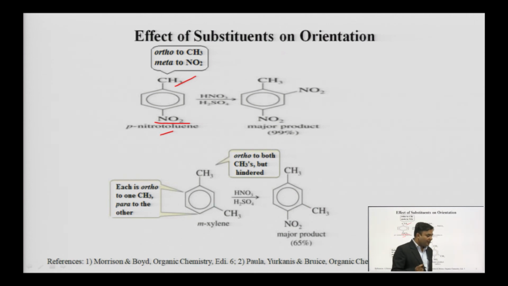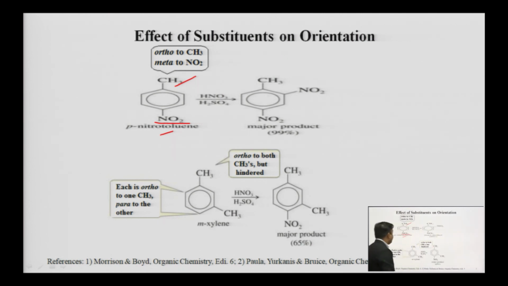Total electron density on the benzene ring will improve, and we know that the electron cloud on the benzene ring is a motivational force for the electrophile attack. So, as the electron density of the benzene ring increases, the coming electrophiles are attracted more easily towards the benzene ring.